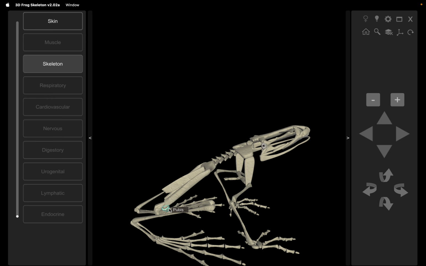So the pubis is a small, triangular bone, immediately posterior but ventral to the ilium. The two pubic bones fuse, forming the pubic symphysis. Then you have the ischium, which is a large bone, the posterior end of the pelvic girdle.